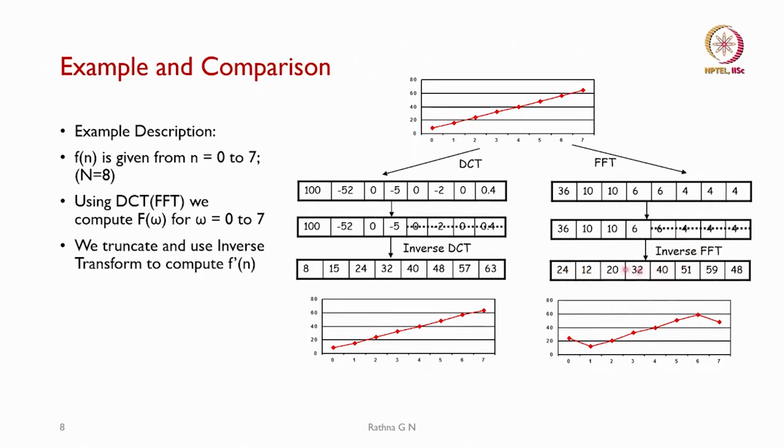These are the values we have got. In the case of DCT, you will see that a few of them are exactly represented, 8 and 24, and 32, 40, 48 are almost the same values. Instead of 16 we have 15, instead of 56 it is 57, and instead of 64 it is 63.